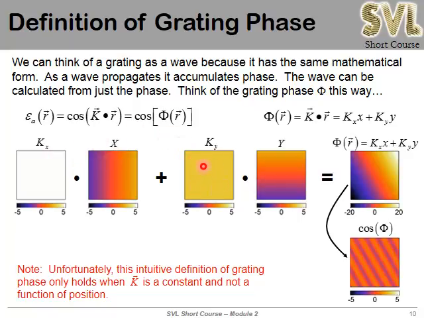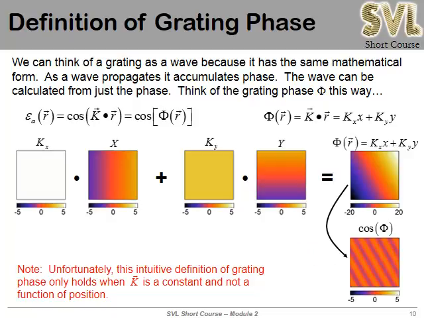And likewise, we'll have a map of ky everywhere, a map of the y positions everywhere, do a point-by-point multiplication, and add all of these up, and we get our grating phase. Then if we calculate cosine phi, sure enough, we get an analog grating.